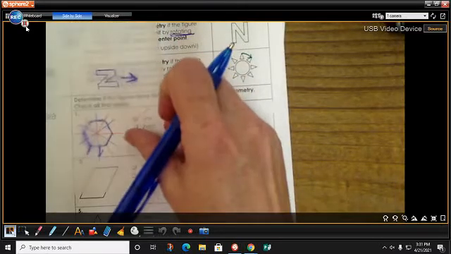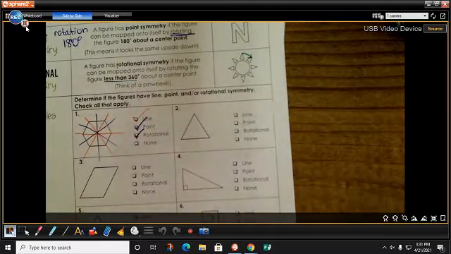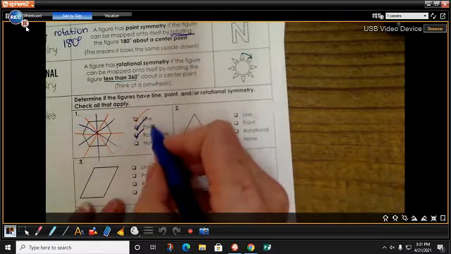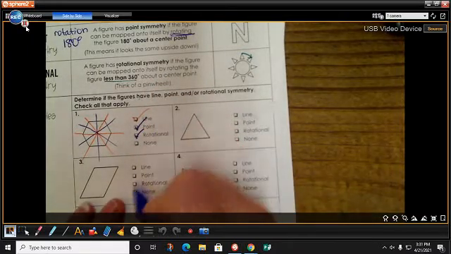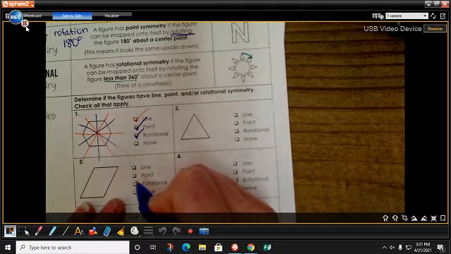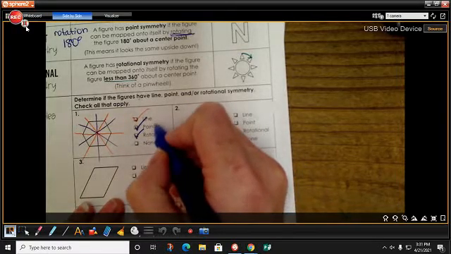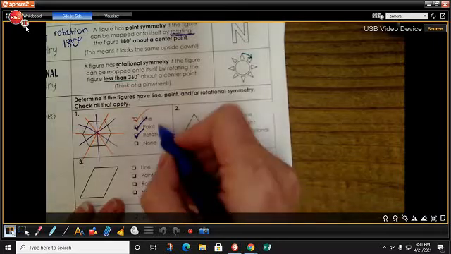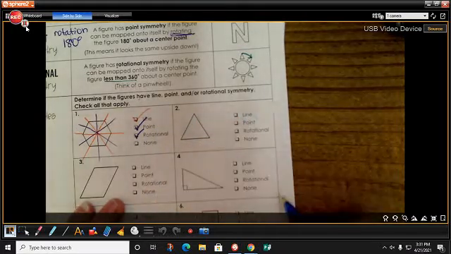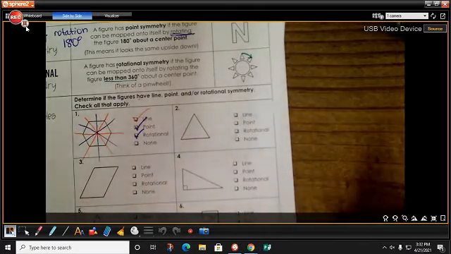If I start a point on the top, if I rotate it 180 degrees and it goes down, then I know I have point symmetry. And yes, an object can have point symmetry and rotational symmetry at the same time, or it might just have rotational without having point. But you can't have point unless you also have rotation. So there you have that.